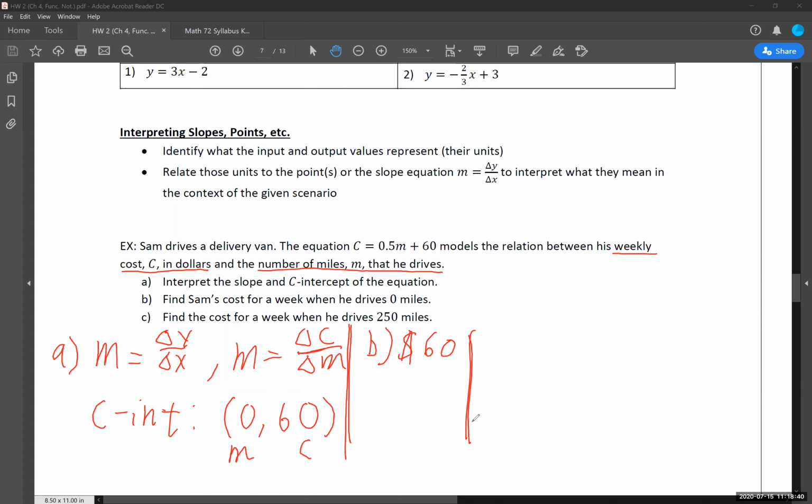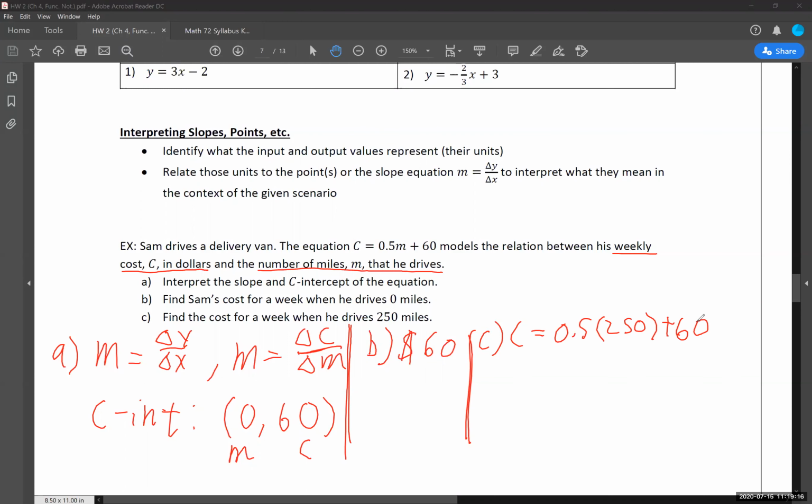Part C is asking, find the cost for a week when he drives 250 miles. So we have been given an m value. We've been given that he's driven 250 miles. We want to find the cost. So we would plug 250 in for miles because that's what we've been given.